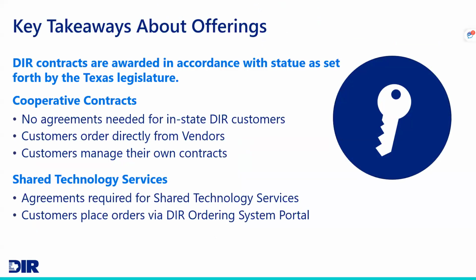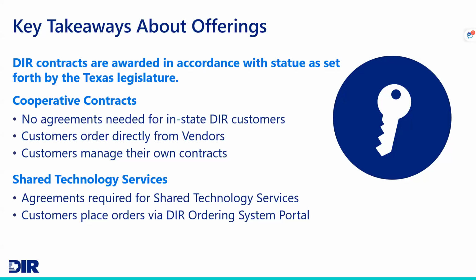Remember that all of our contracts are competitively bid and are awarded in accordance with statute as set forth by the legislature. For cooperative contracts, you do not need to have an agreement on file with DIR. I know some of you are members of the Texas Smart Buy, but it's not a requirement.